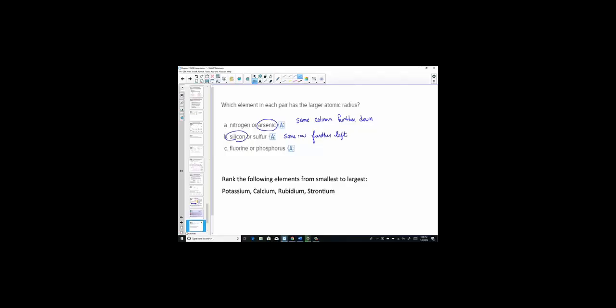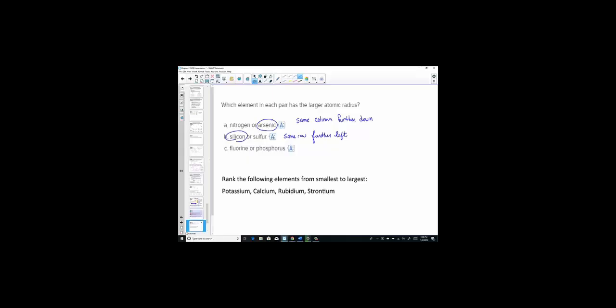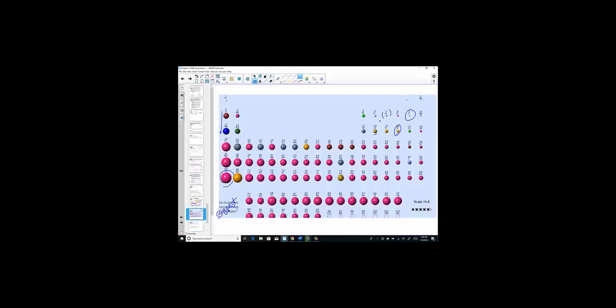Fluorine and phosphorus. Well, fluorine we should know is the smallest of small. So right off the bat, I'm going to say fluorine, of course, we know to be small. Here's fluorine, and we were comparing it to phosphorus, my bad. Next door. Phosphorus is bigger.